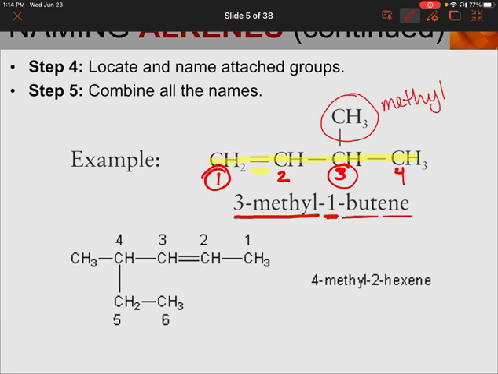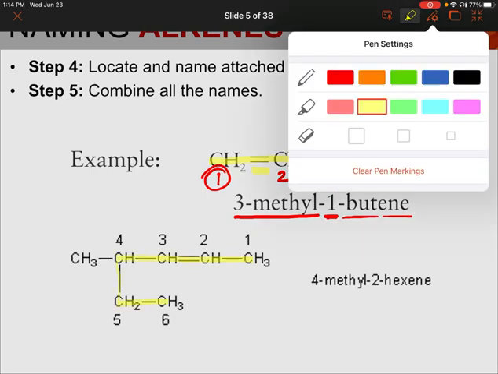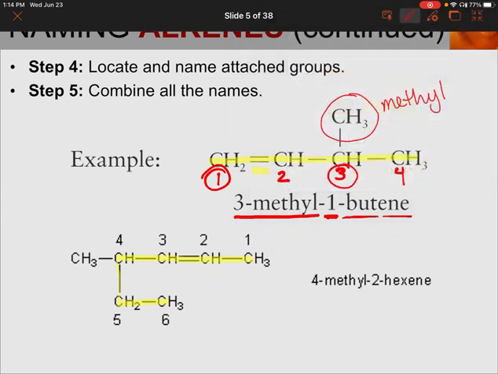All right, let's look at a more complicated one down below. So we can already see that the longest carbon chain has 6 carbons. So that would normally be hexane, but there is a double bond. So this would be hexene. And we want to make sure that the double bond has the lowest number possible.